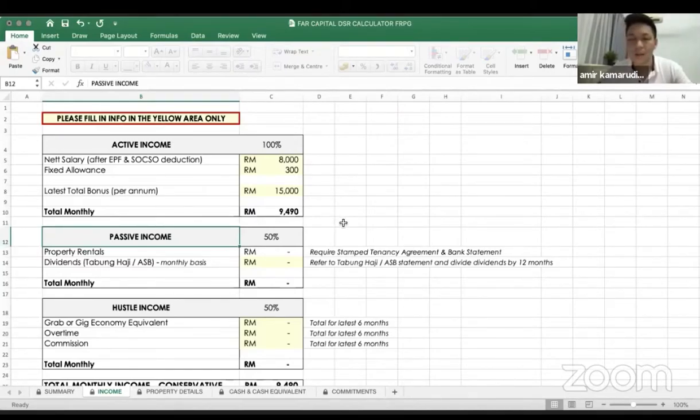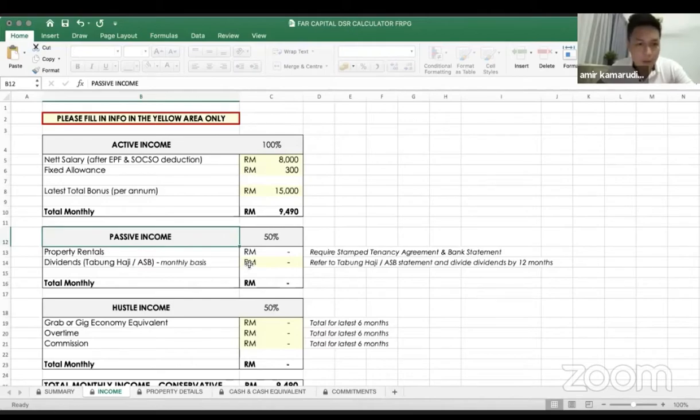So that's considered passive. Last kali kita ada hasil income. Hasil income ni maksudnya pendapatan sampingan lah, bagi siapa yang bawa Grab, bagi siapa yang ada commission, siapa yang bawa overtime. So itu semua hasil income pendapatan sampingan. So the first one, active income, is quite straightforward and we're done about that.